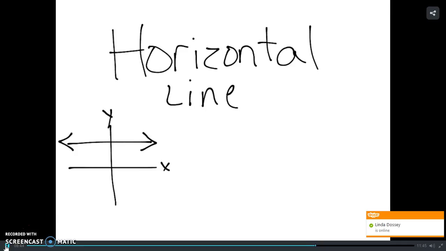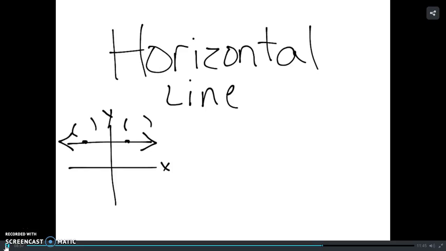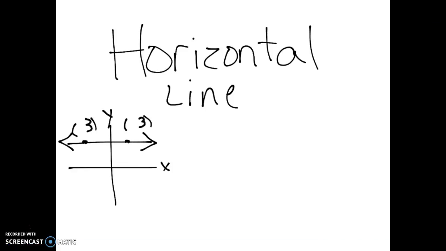Okay, so all of the points on here are going to have the same number for the y-coordinate. So it doesn't matter which point you choose, they would always have the same y value. So we'll say that that number is 3. Okay, your x value is going to change depending on which coordinate you're looking at, but the y value will always be the same on a horizontal line.